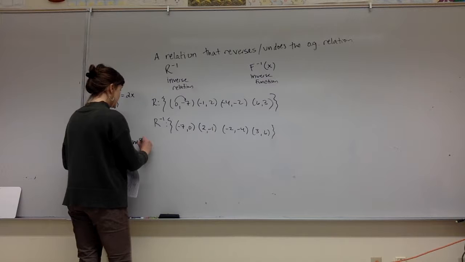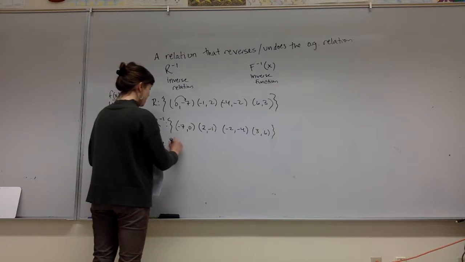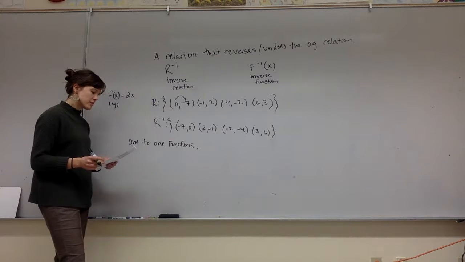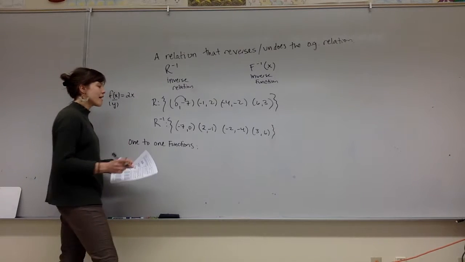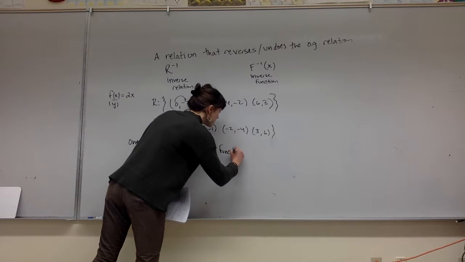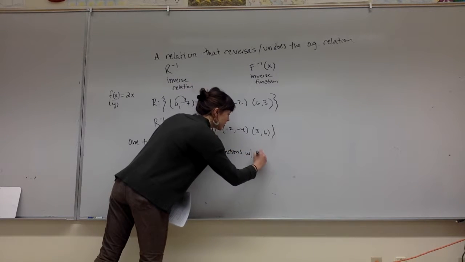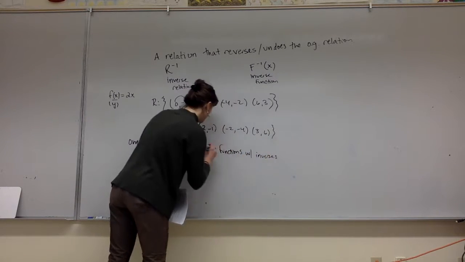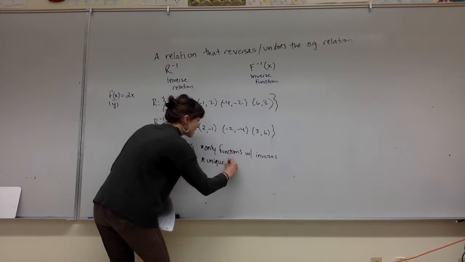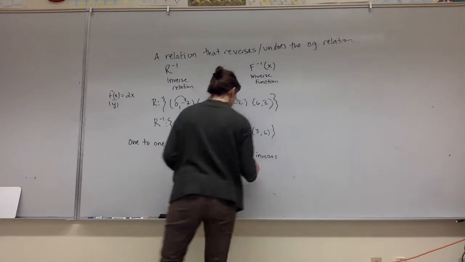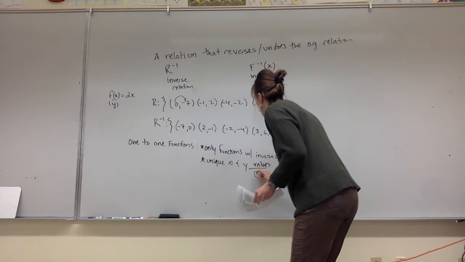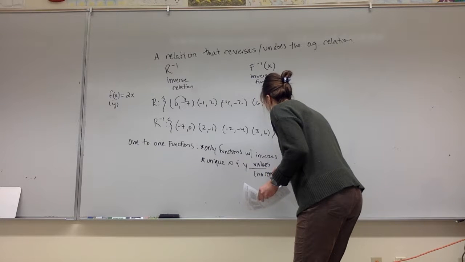One-to-one. So one-to-one functions are the only functions that have inverses. And just like Annabelle says, they have a unique x and y value, and no repeating, specifically no repeats with my y values.